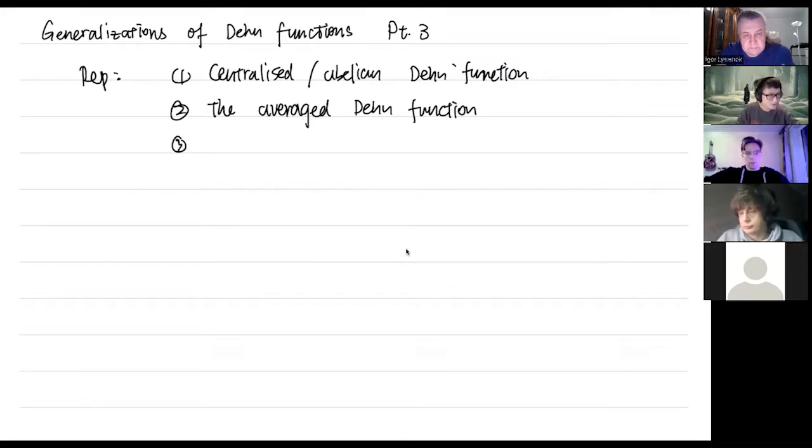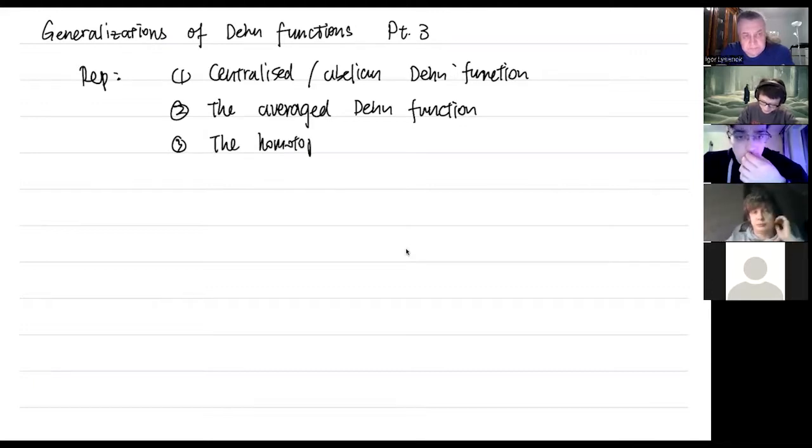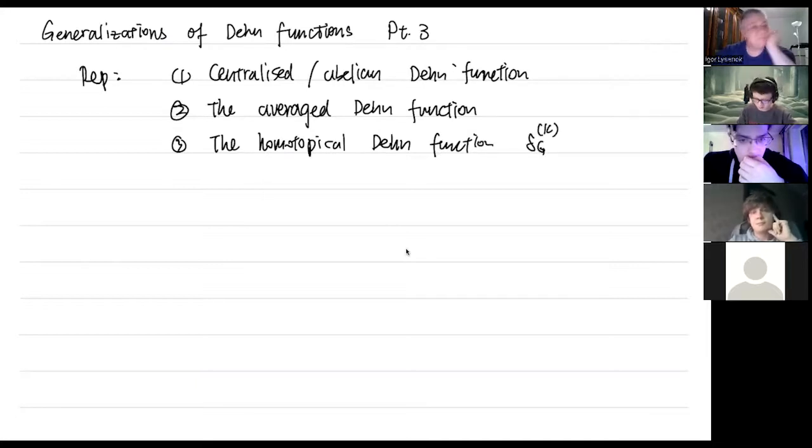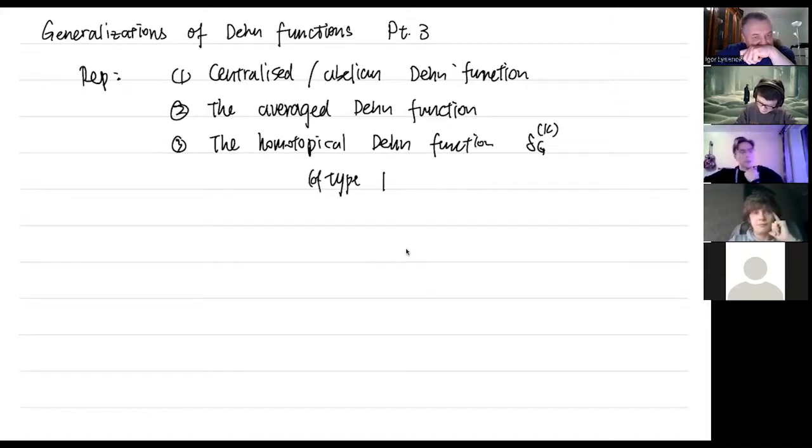The third one and the fourth one, the first one is the homotopical Dehn function, which is called the G Dehn function of k, defined for groups of type F k plus 1.